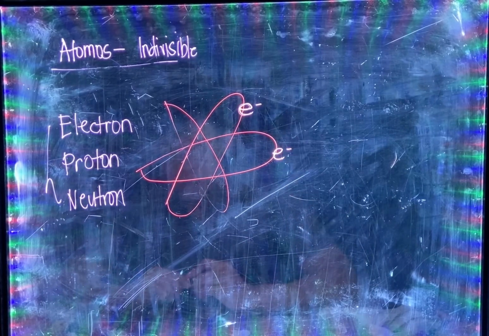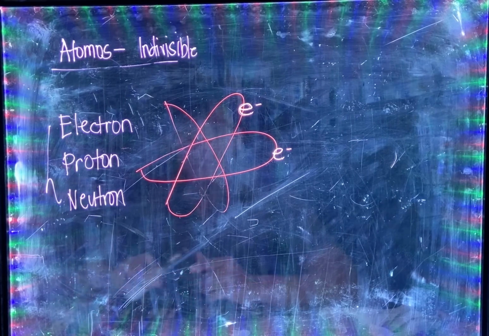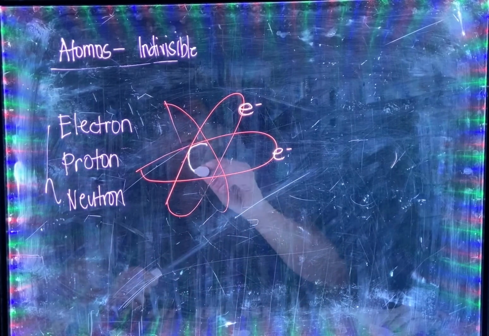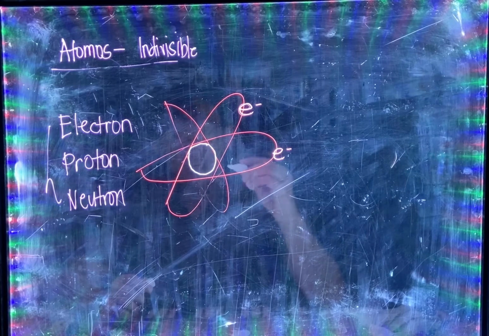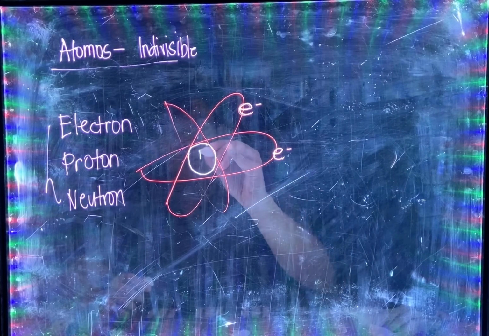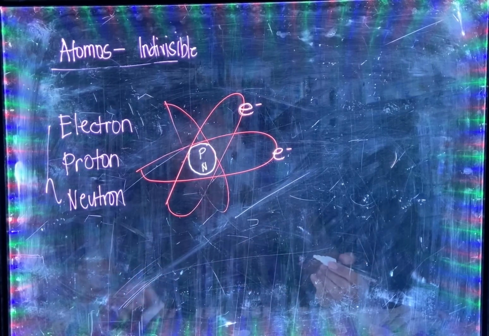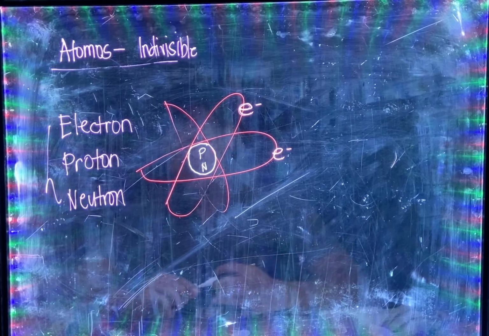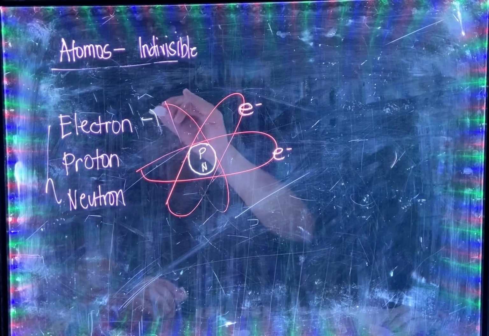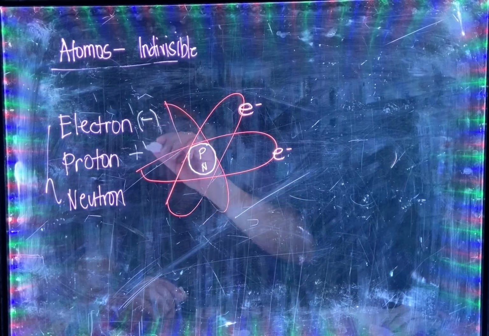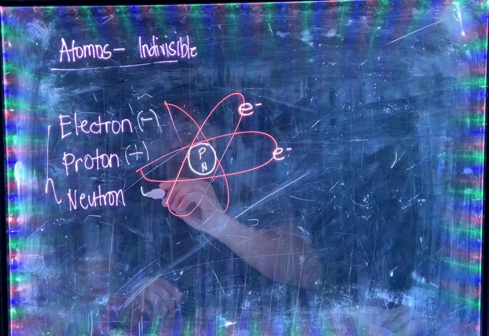Inside the nucleus of an atom, we can find the proton and also the neutron. It is very important for us to identify their charges. Electron is negative, proton is positive, while neutron is uncharged.